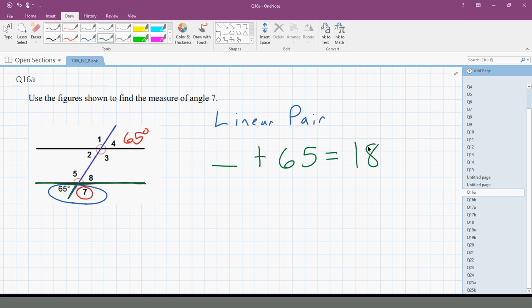They have to add up to 180 degrees. Have to, because they are supplementary. Linear pair angles are always supplementary. Okay? So what is our missing angle? How much is it?